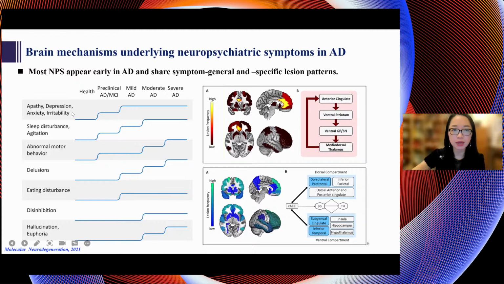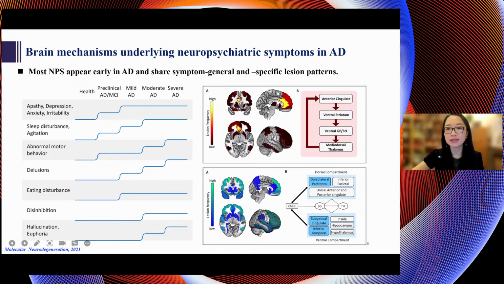We found different NPS occur at different stages of AD, such as apathy, depression, sleep disturbance, abnormal motor behavior, delusion, eating disturbance, disinhibition, and hallucination. But most NPS appear in the early stage, especially in preclinical AD or MCI, and progress to become very severe during the whole progression of AD.